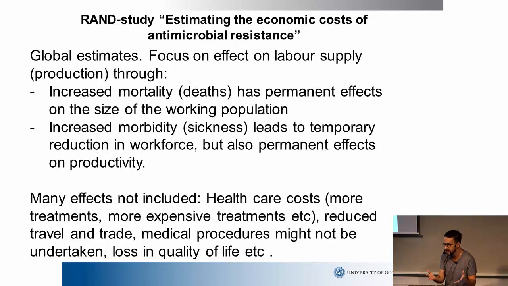If people are sick, they cannot go to work, they cannot produce things. This can be cars, it can be movies, it can be books, it can be ice creams or anything, right? So what a problem like antibiotic resistance does is that it affects the economic activity in society. So when people try to estimate the economic cost, that's the first initial thing that people look at. Okay? What is the loss in terms of economic growth of antibiotic resistance?